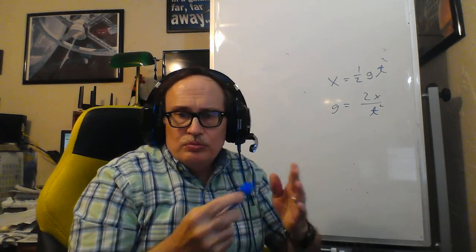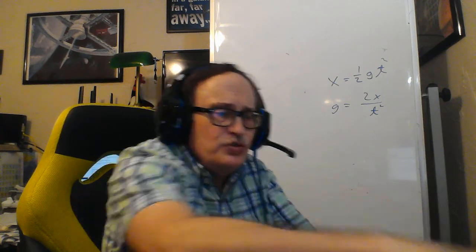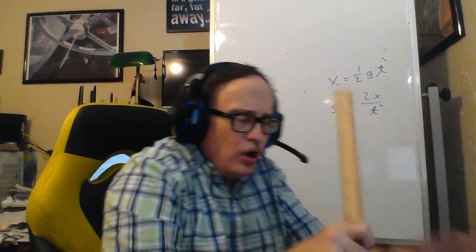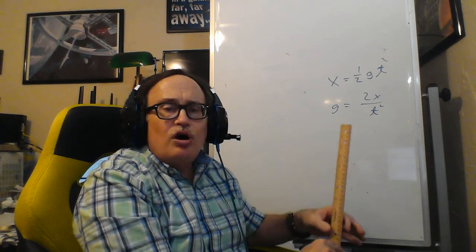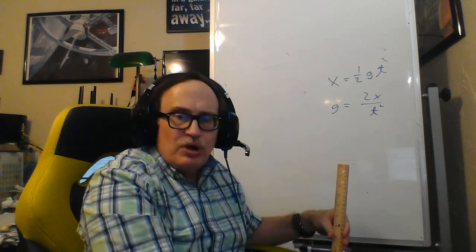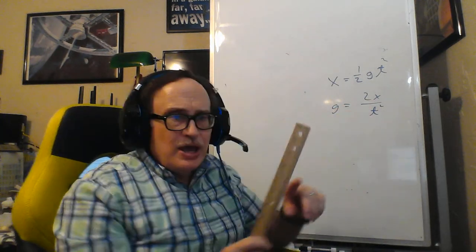Well, the problem is, what if your ruler was a little bit off, and so the height wasn't right? Every measurement you made had the wrong x. You're going to get the wrong answer.